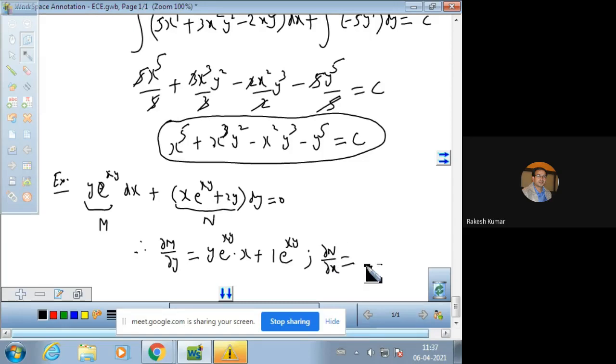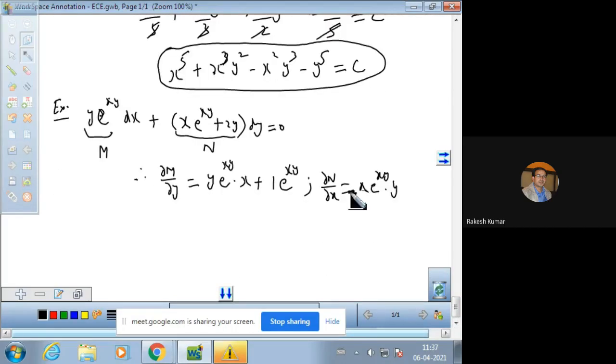The derivative of n with respect to x, that is x e raised to power xy into y, plus e raised to power xy. And the derivative of 2y with respect to x is 0. Now you just see these two right hand sides are same.